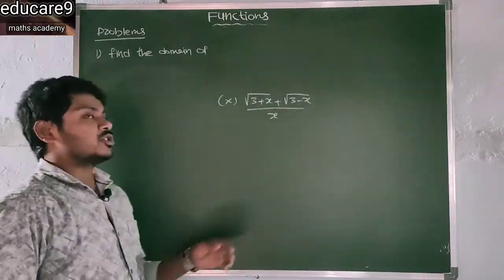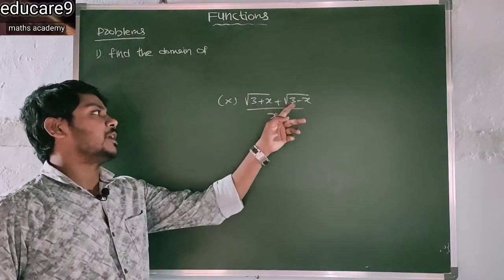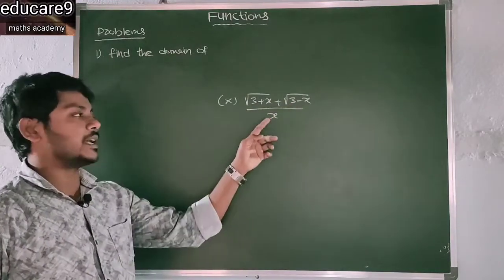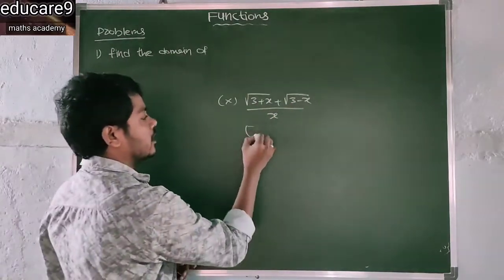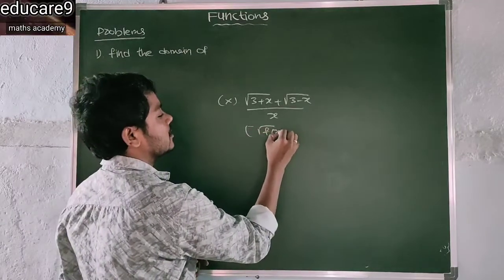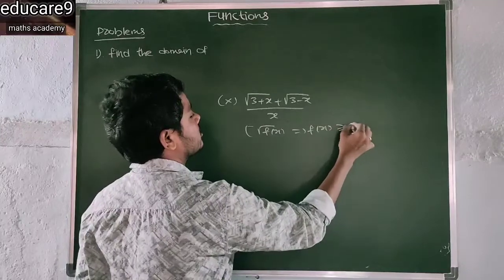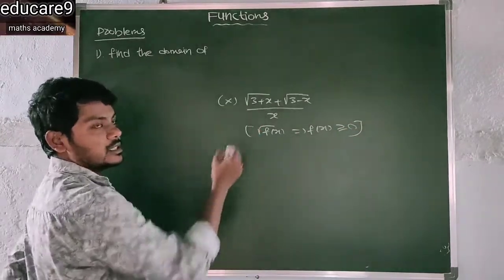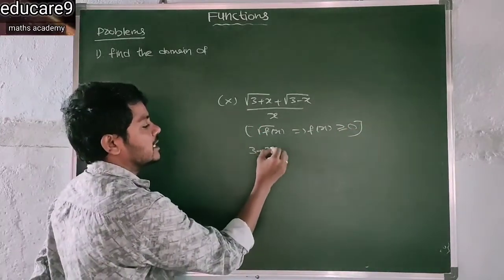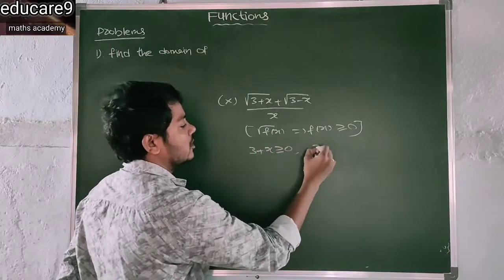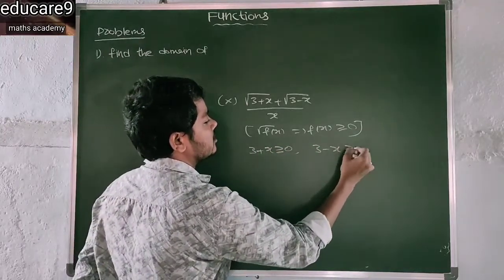So see the last question. Square root of (3 plus x) times square root of (3 minus x) by x. So you know that root f of x requires f of x greater than or equal to 0. So apply this. One is 3 plus x is greater than or equal to 0. 3 minus x is greater than or equal to 0.